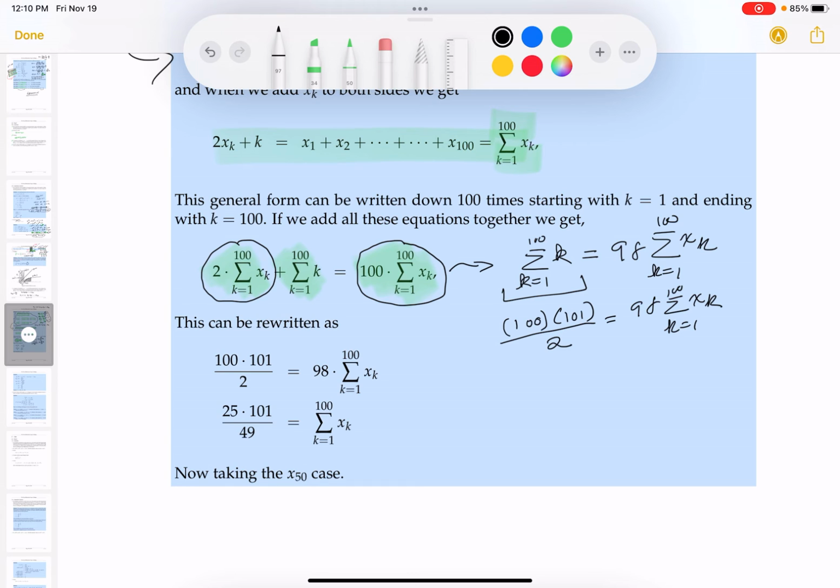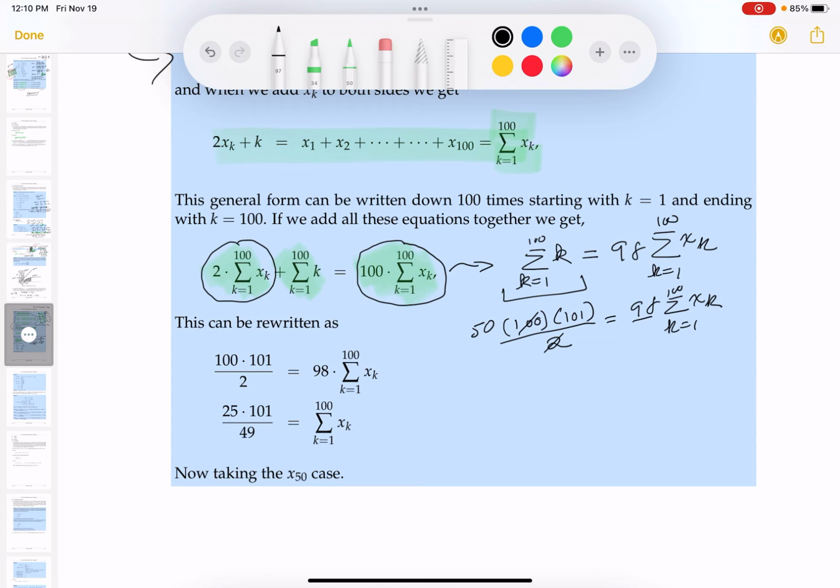I guess I have to divide by 98. 2 goes into 2 once, goes into this 50 times.